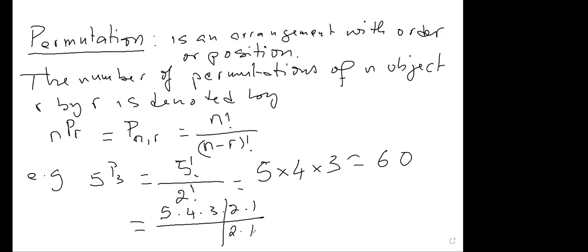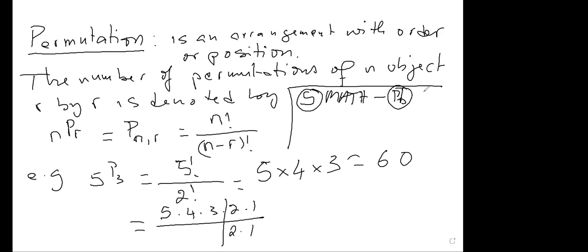To do 5 permutation 3, you first enter 5. Then press MATH. Then probability, which is at the right end. Then choose 2. You will see nPr on the list. Do you see the list?